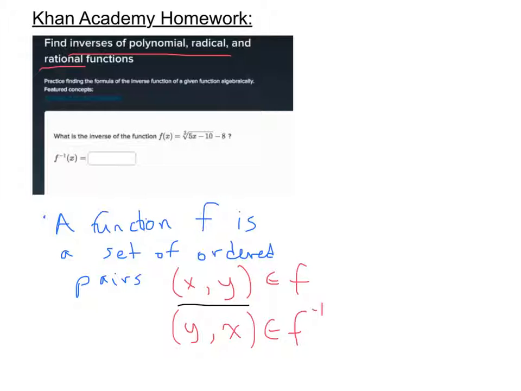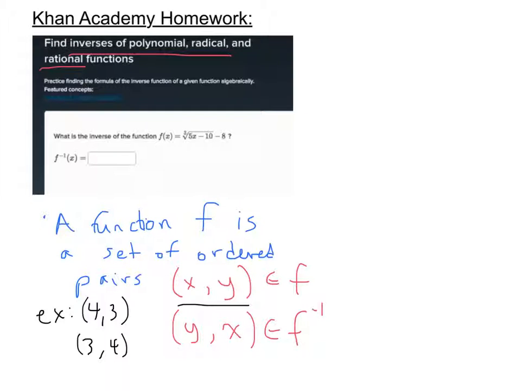This is how we denote f inverse: f to the negative 1, but it's really said f inverse. As a concrete example, say 4 comma 3 was an ordered pair in f. Then 3 comma 4 would be an ordered pair in f inverse.